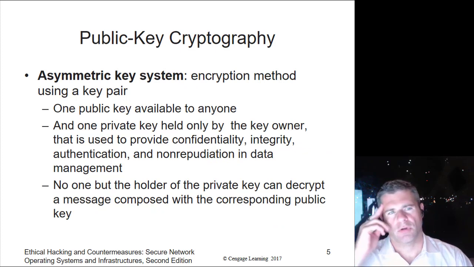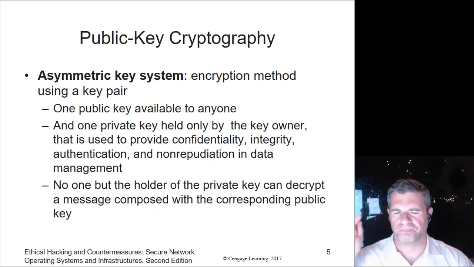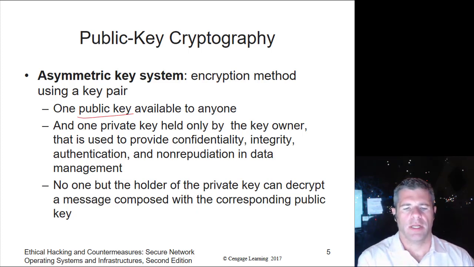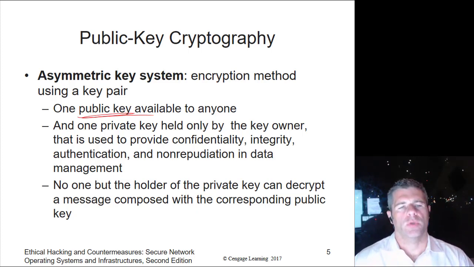So public key crypto to the rescue. It is an asymmetrical key system. So that means there's some sort of function that allows me to have a public key that I can put out there for anybody, and a private key which only I have. And that can provide us with the following things: confidentiality, so it's secret because we encrypted it; integrity, we know that the file I sent is the file I sent because magic.